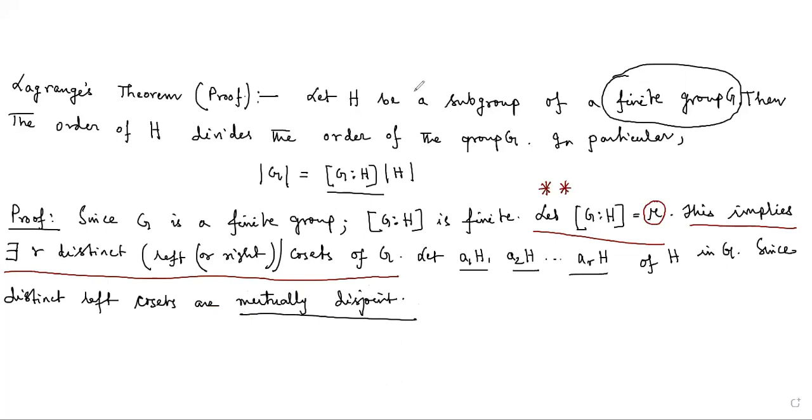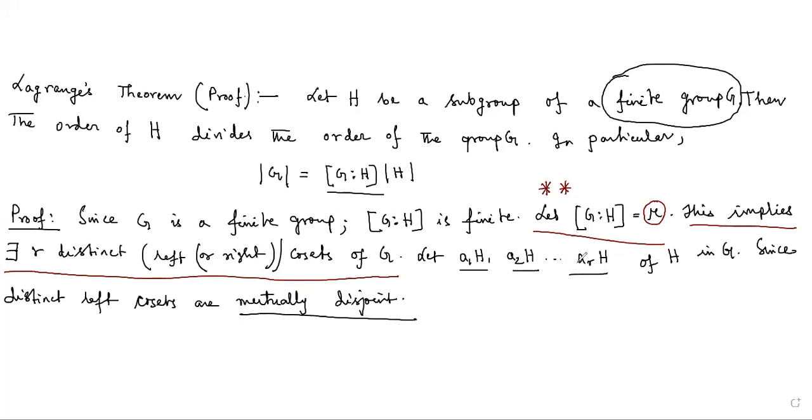If you have attended my class of second semester where I taught you probability theory, there I discussed the difference between the words mutually disjoint and mutually exclusive. Mutually disjoint means you consider any two of these R left cosets, and you will find that they are always disjoint. There will not be any common element between them.